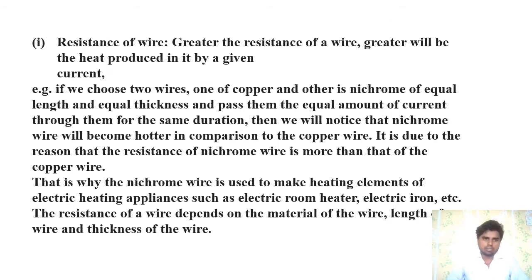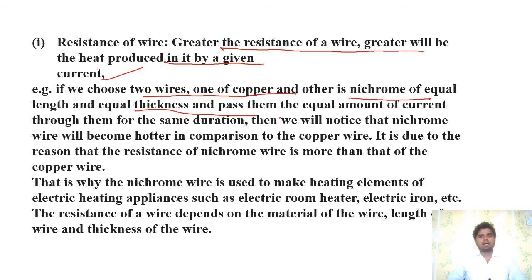See, the greater the resistance of a wire, the greater will be the heat produced in it by a given current. If we choose two wires, one of copper and another of nichrome, of equal length and equal thickness, and pass an equal amount of current through them for the same duration, then we will notice that the nichrome wire will become hotter in comparison to the copper wire.